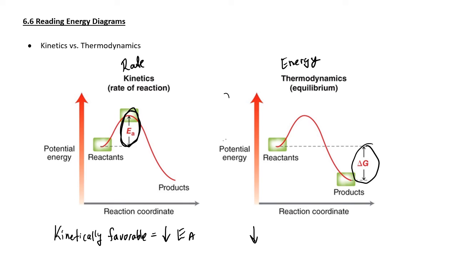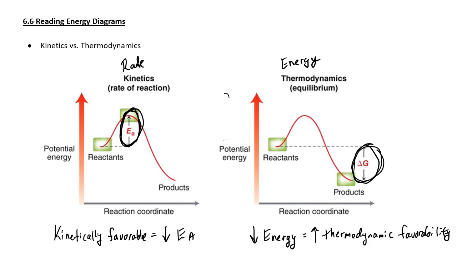So the lower the energy of your products, we increase the thermodynamic favorability. So again, to summarize, for kinetics, you look at activation energy. In terms of thermodynamics, you're looking at energy.